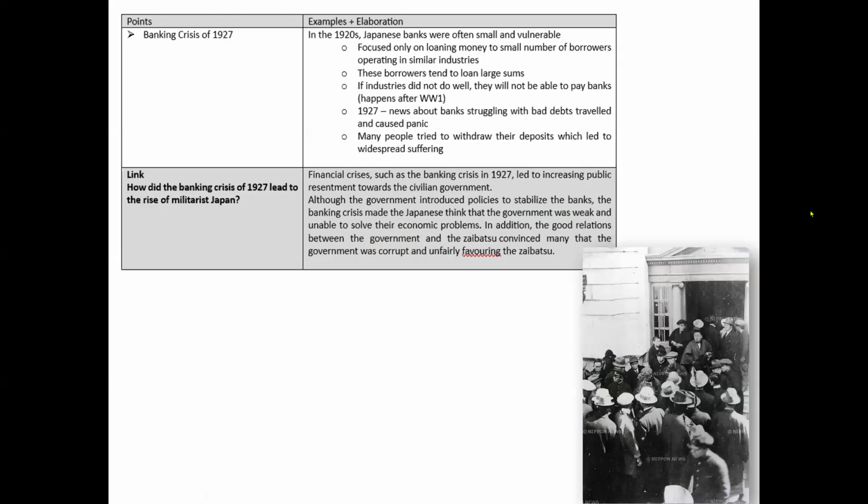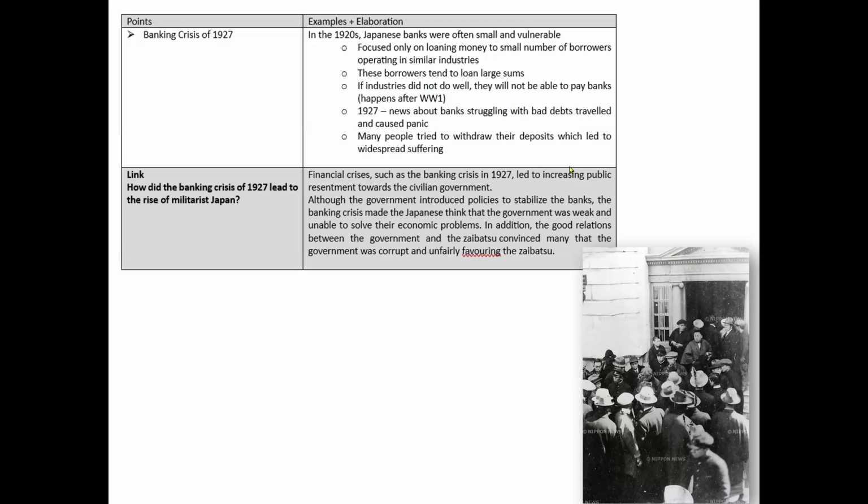Now, the banking crisis of 1927 worsened the economic challenge that Japan was facing. Really very much so, because in the 1920s, like I said, a lot of economic challenges were present, not only in Japan, but also externally. And it was very hard because the Japanese were giving a lot of loans, and a lot of businesses borrowed a lot of money, and once they couldn't pay, banks closed.